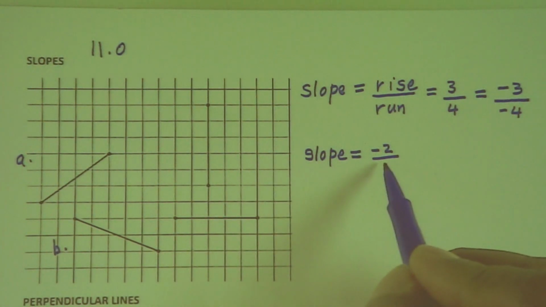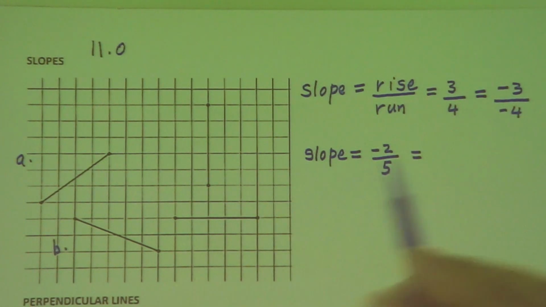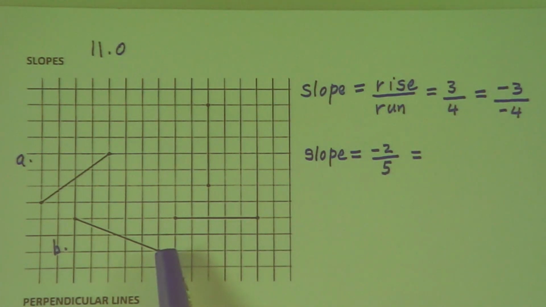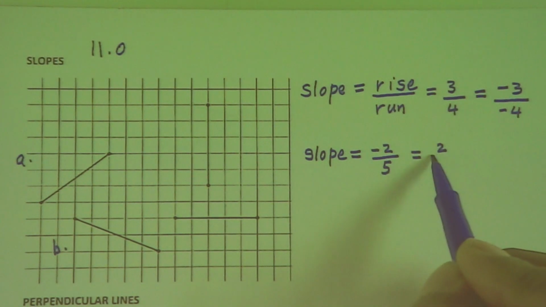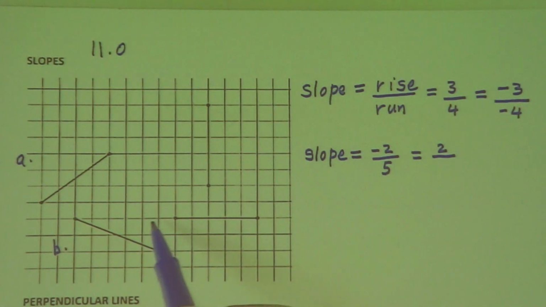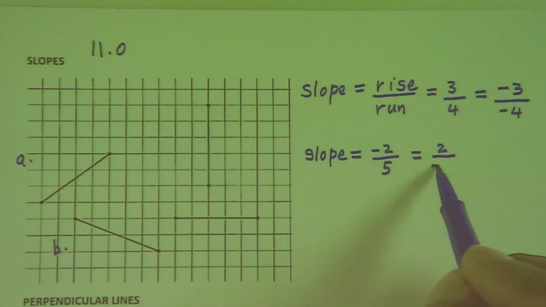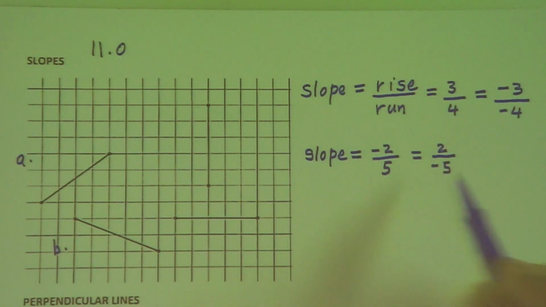You're running to the right. Or you could start from here. So you rise up 2, and that would be positive. But now you're going to run 1, 2, 3, 4, 5 to the left. And again, these two are numerically equal. They're both negative.